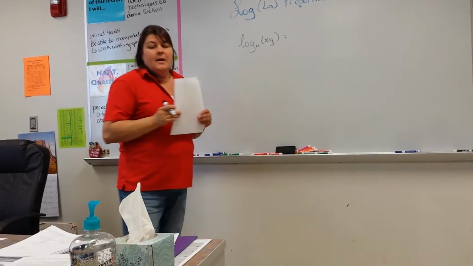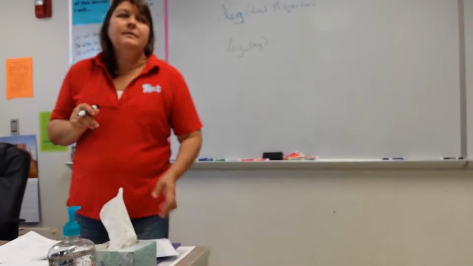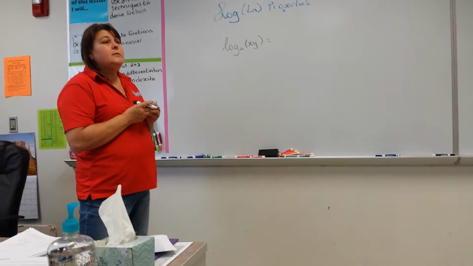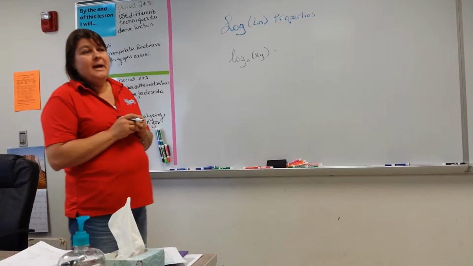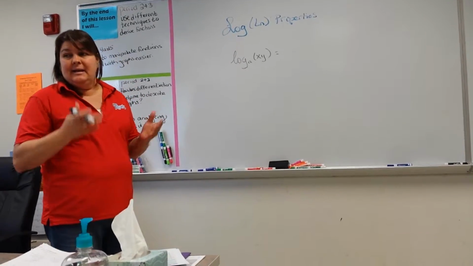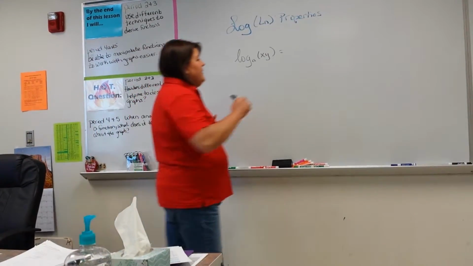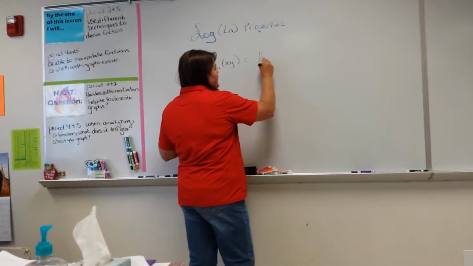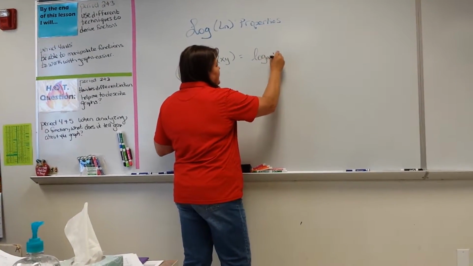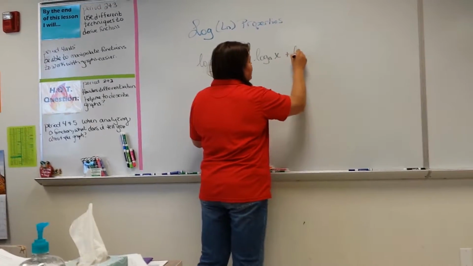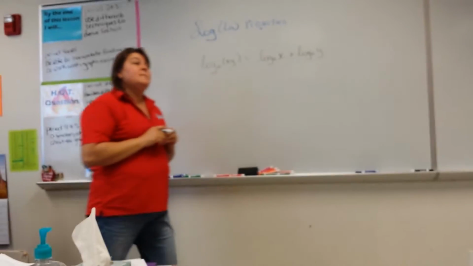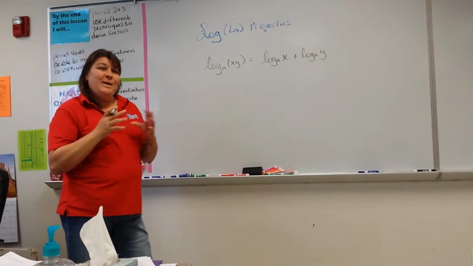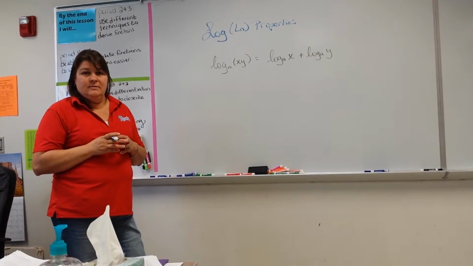Okay? So if I have a log and it's written with components that are multiplied like this, the x and the y, I can actually rewrite it with something called expanding. And I bring it out to do this plus this. So literally what was multiplied now can be expanded to become addition.